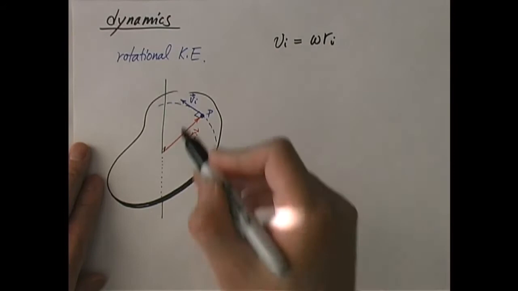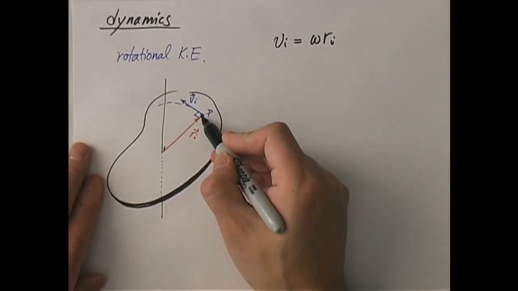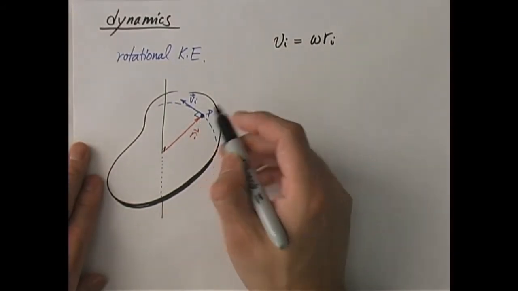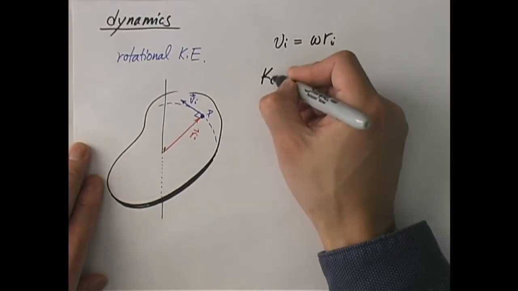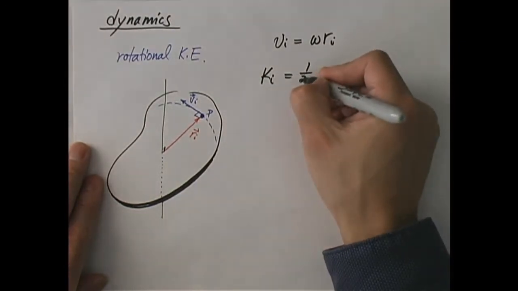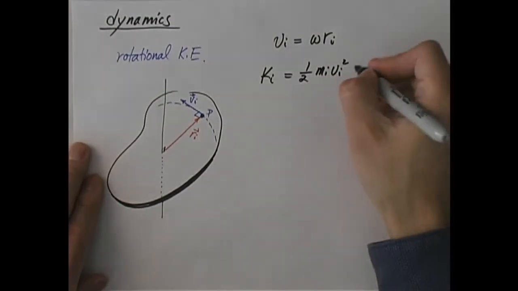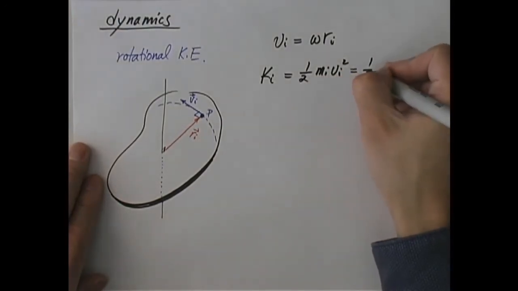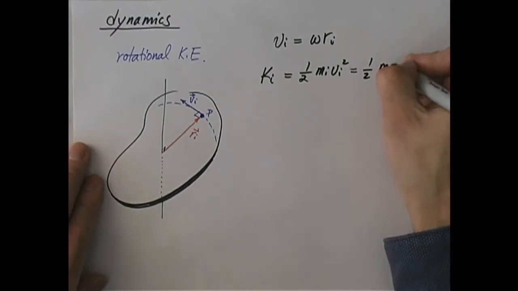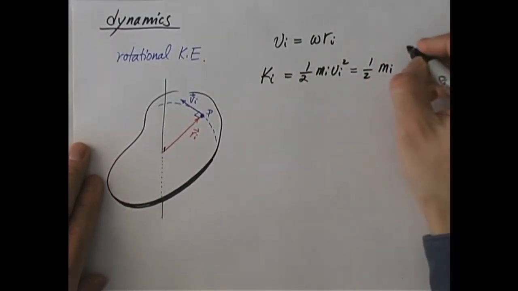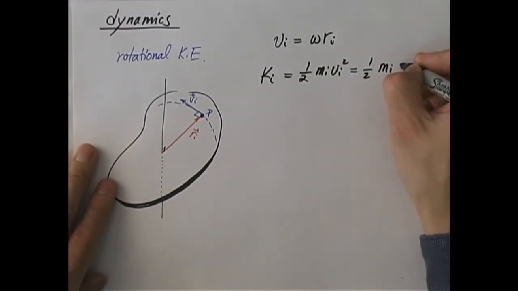Okay, let's say the mass of this point is m_i. So what is the kinetic energy then? Well, the kinetic energy, K_i, would be equal to 1/2 m_i v_i squared, right? Okay, let's work it out. Isn't that equal to 1/2 m_i, v_i is omega times r_i, so I'm going to square it. Isn't that equal to omega squared r_i squared?